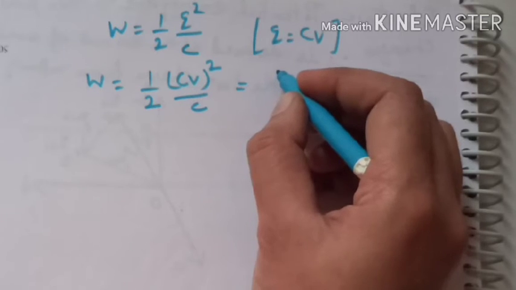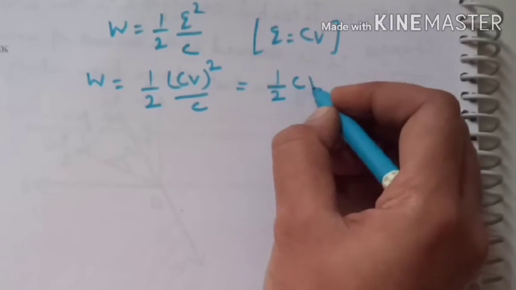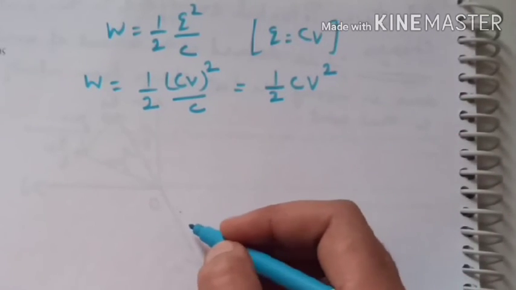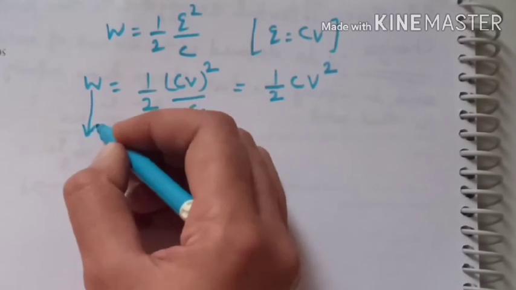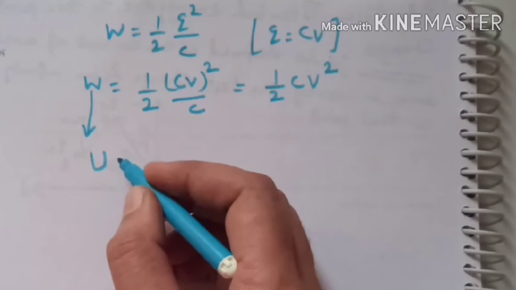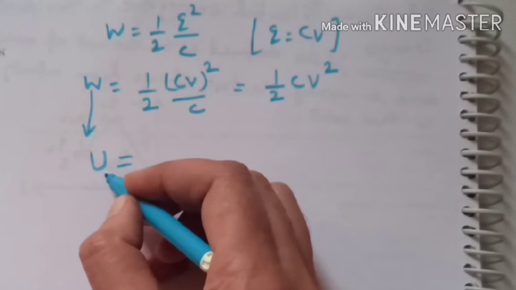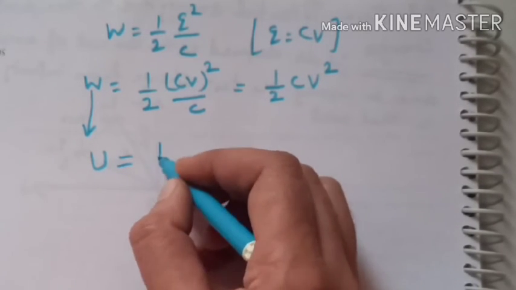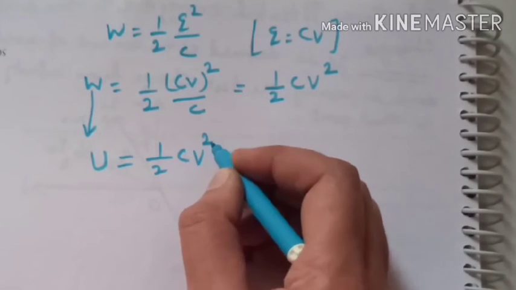So this is equal to 1 by 2 C V square. This work done is stored in the form of electrical energy in the capacitor. Here U is for energy, so U is equal to 1 by 2 C V square.